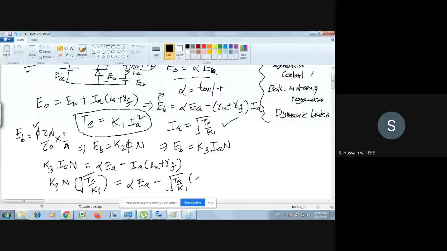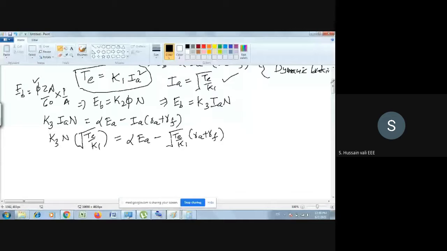Now you see, it becomes a relationship between speed and torque. We want to find what N is here.